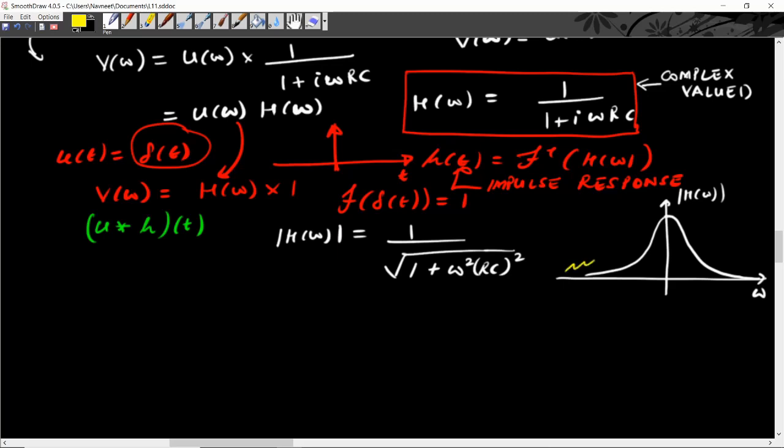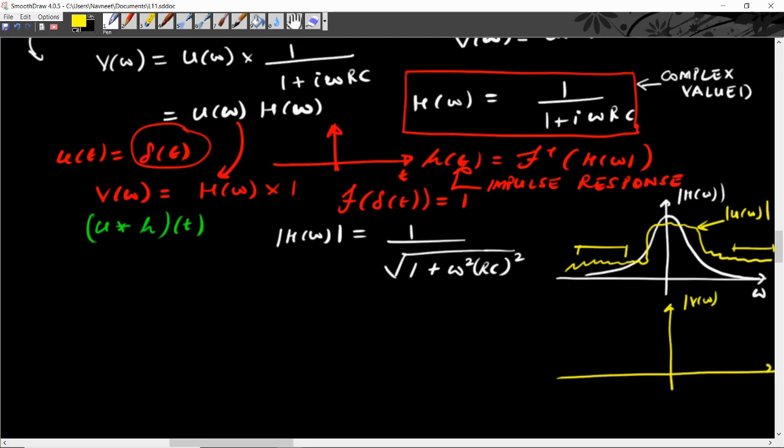So if we take the product of this transfer function with the Fourier transform of an input signal, let's say which looks something like this, then these high frequencies over here will get attenuated due to the product of U of omega with H of omega. So the resulting signal, that is V in frequency domain, will not have these high frequencies.